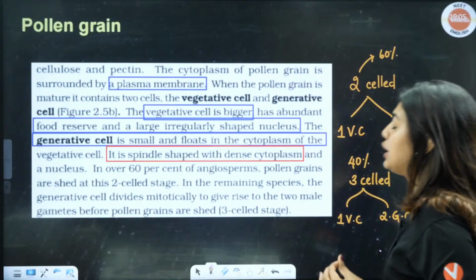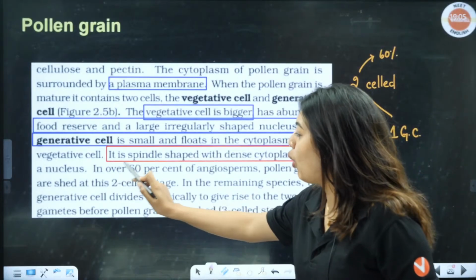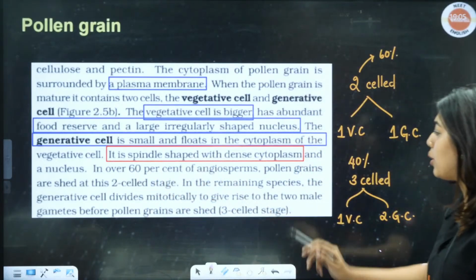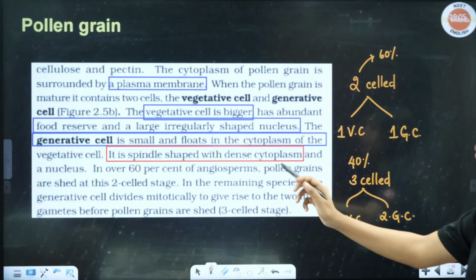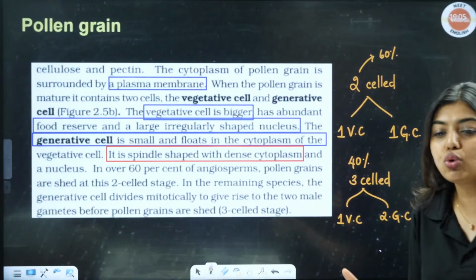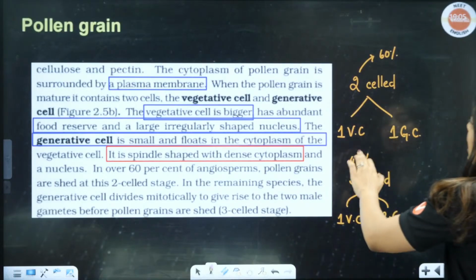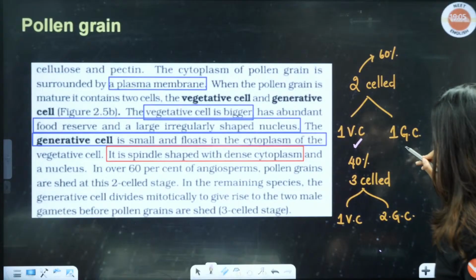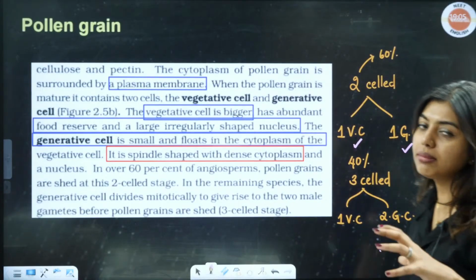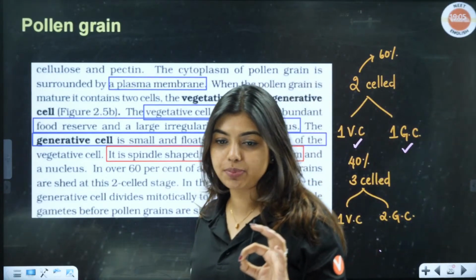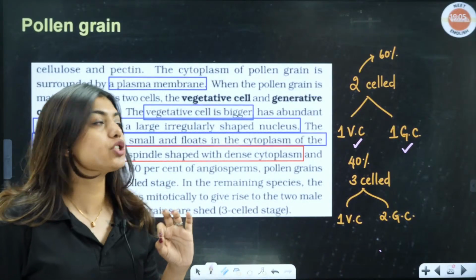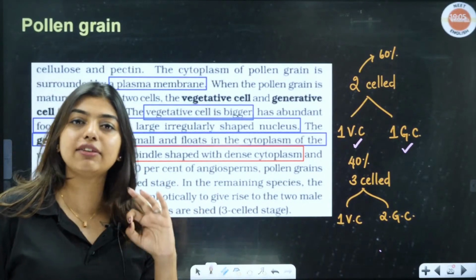Now, look here. In your NCERT, they have mentioned that in over 60% of the angiosperms, pollen grains are shed at the two-celled stage. Now, what is this two-celled stage? Two-celled stage means we have one vegetative cell and one generative cell. In 60% of angiosperms, there is one vegetative cell, one generative cell.